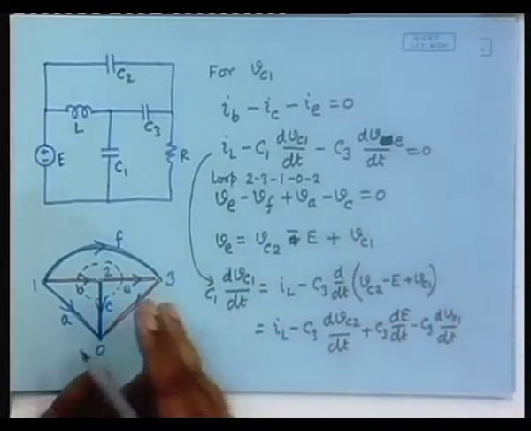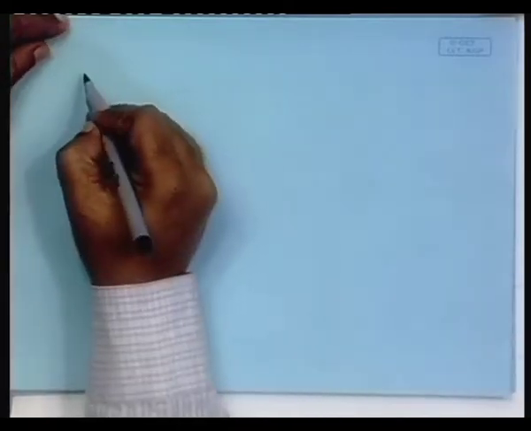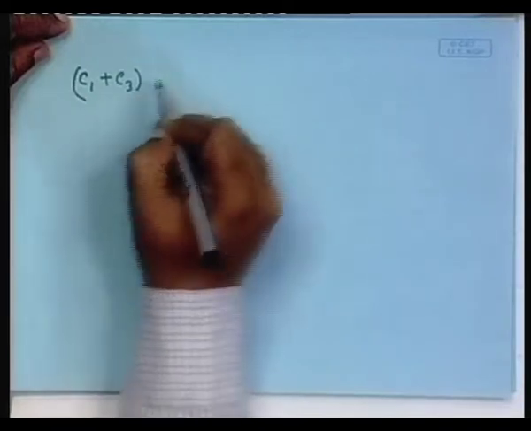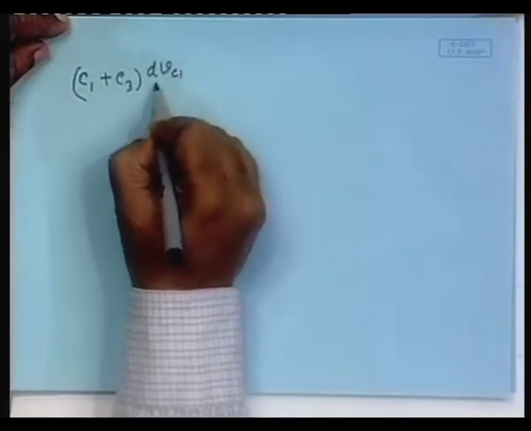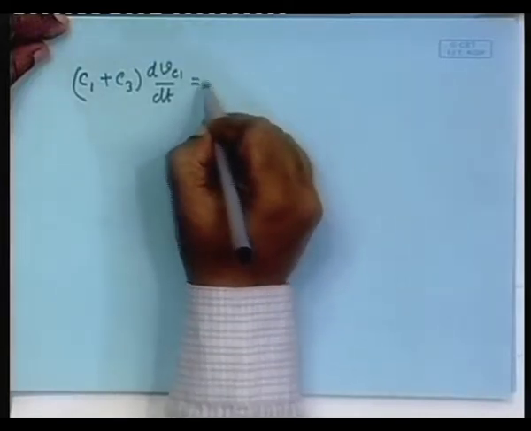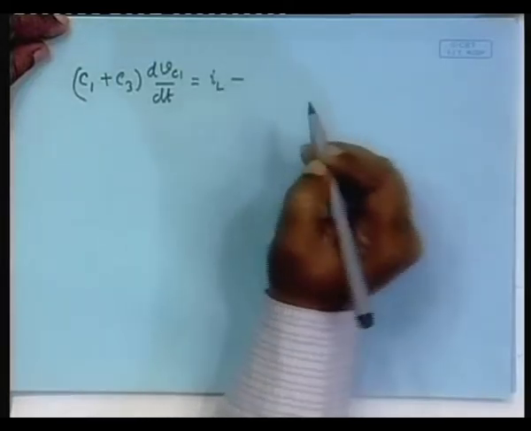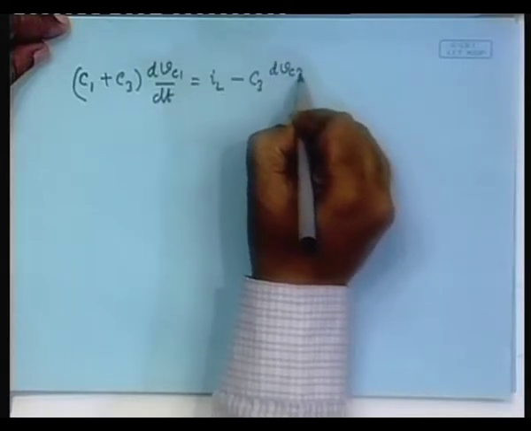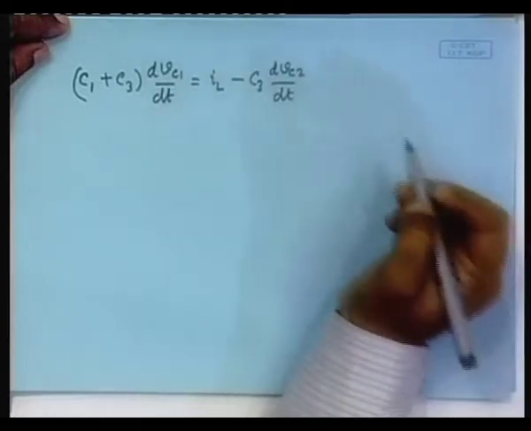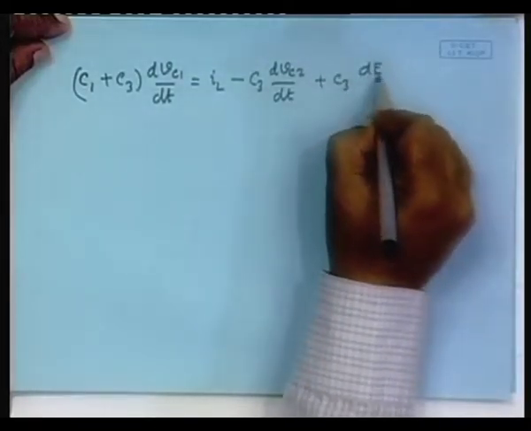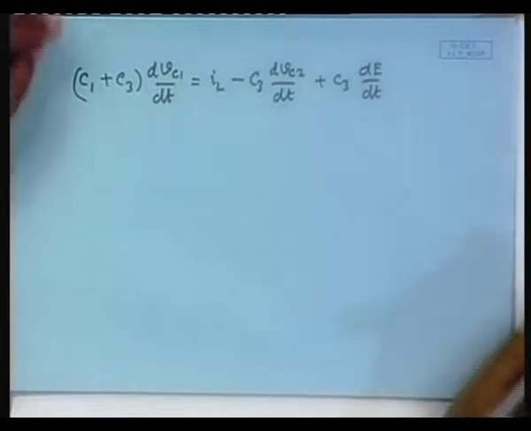So, we shift it here. So, we get (C1 plus C3) dVC1/dt is equal to IL minus C3 dVC2/dt plus C3 dE/dt. Okay.